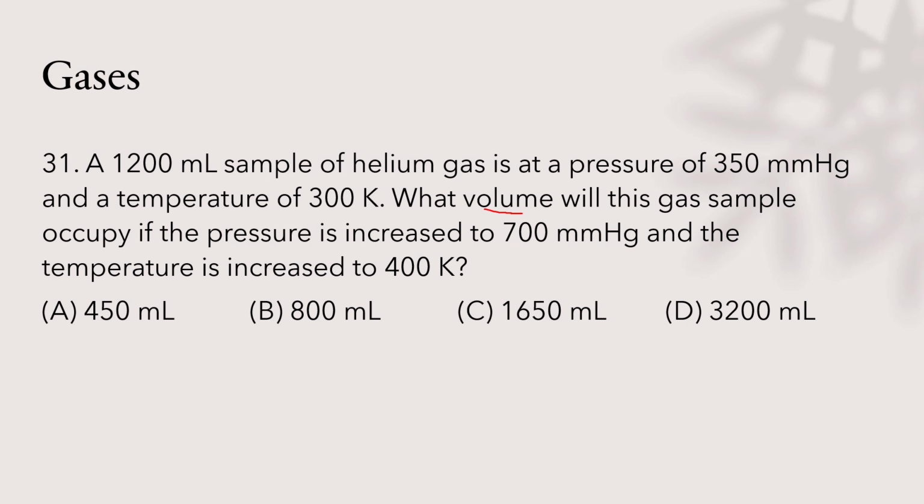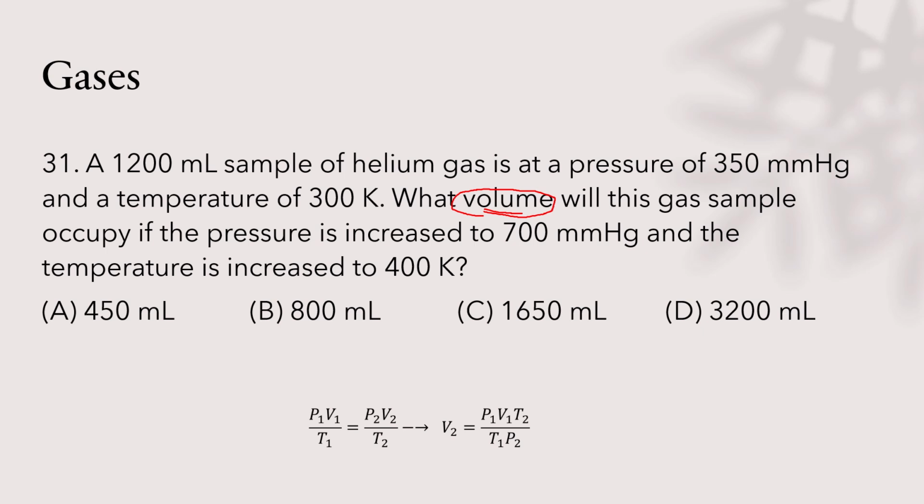So notice we have 2 volumes, 2 temperatures, and 2 pressures. So we're going to need the combined gas equation, which is P1V1 over T1 is equal to P2V2 over T2. Okay, and they're asking us to solve for volume, so that needs to be rearranged to solve for V2. So you can see the rearrangement and how that is done below.